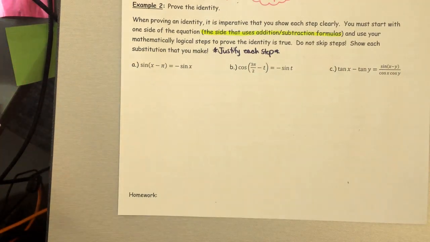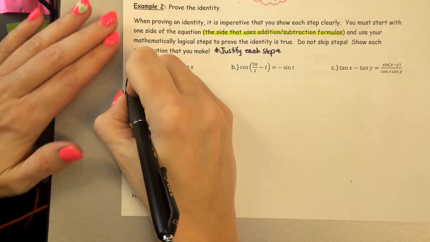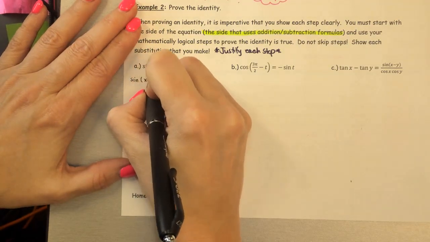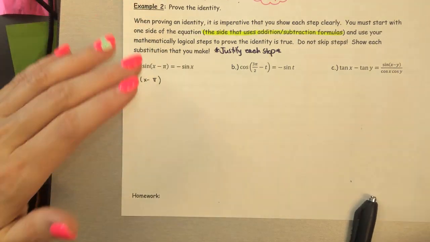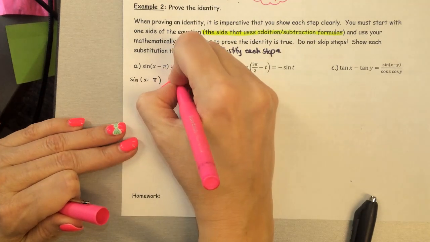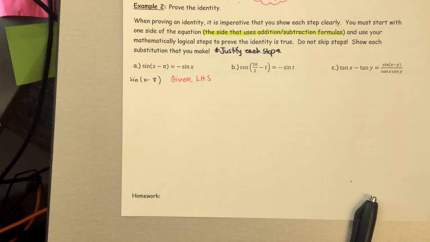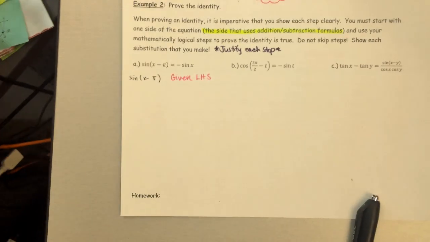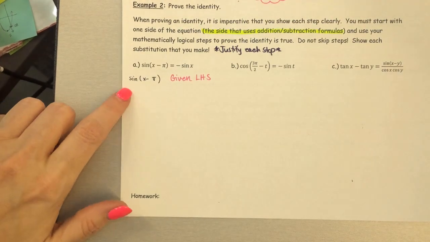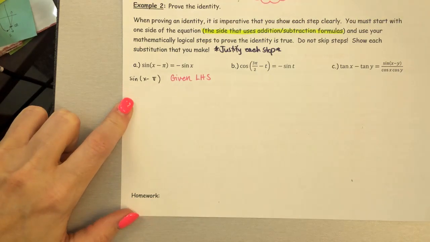All right, so we have the sine of x minus pi. Your first step is always given and what side you're using. So we're going to use the left-hand side. Then you would be using those formulas on the front side.